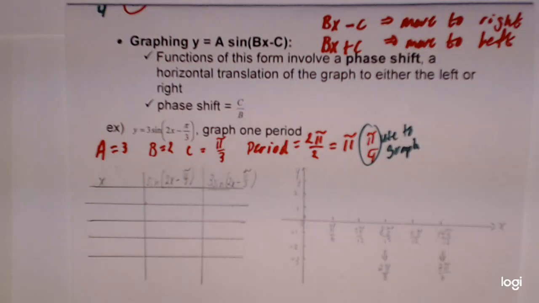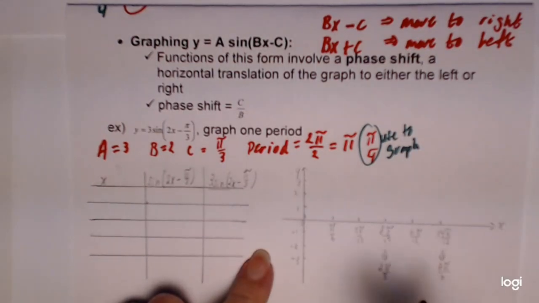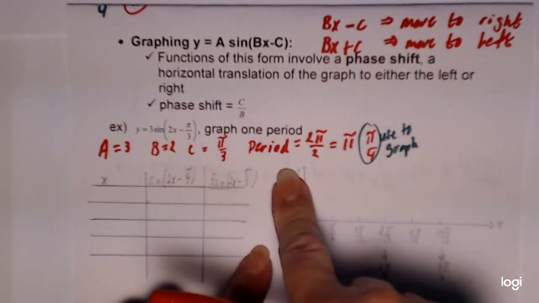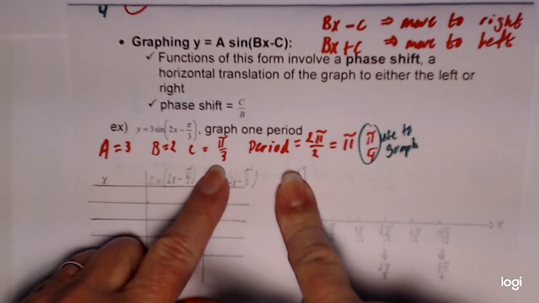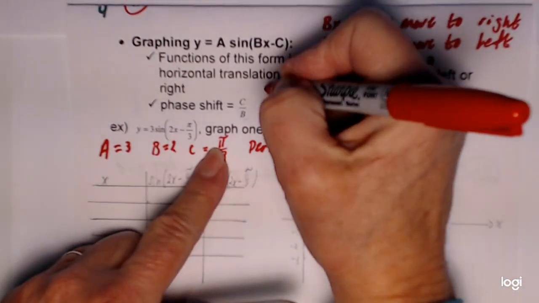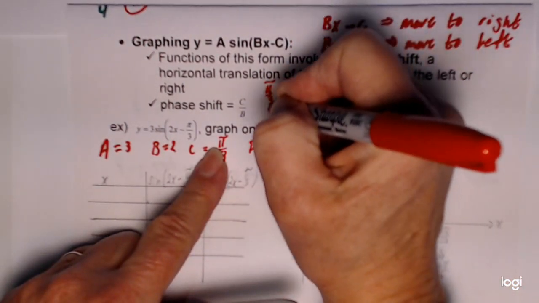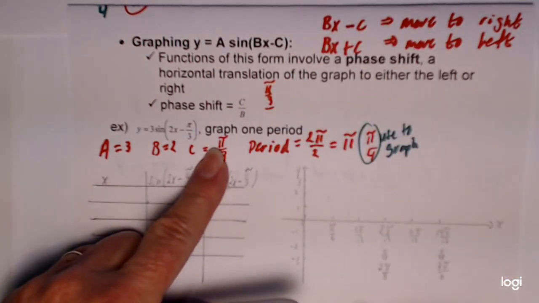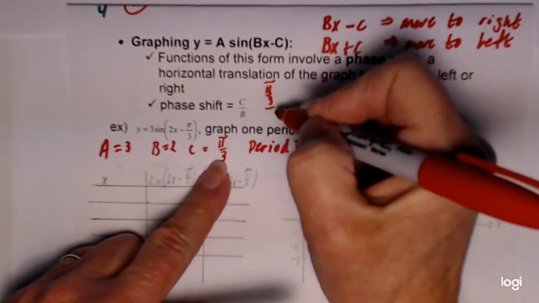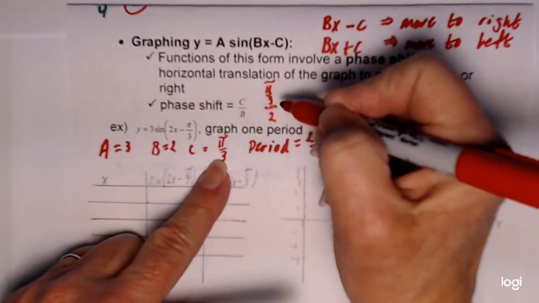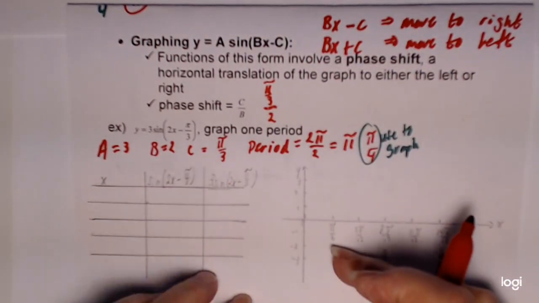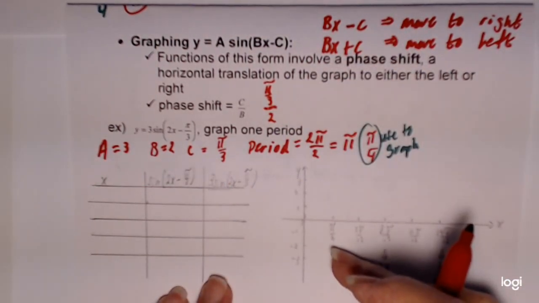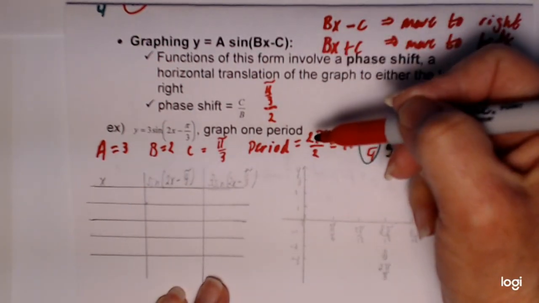So now let's take a look at this phase shift information. We said that it's C over B. So our C is pi over 3, and now we divide that by our B, which is 2. This is looking kind of ugly, this complex fraction here.